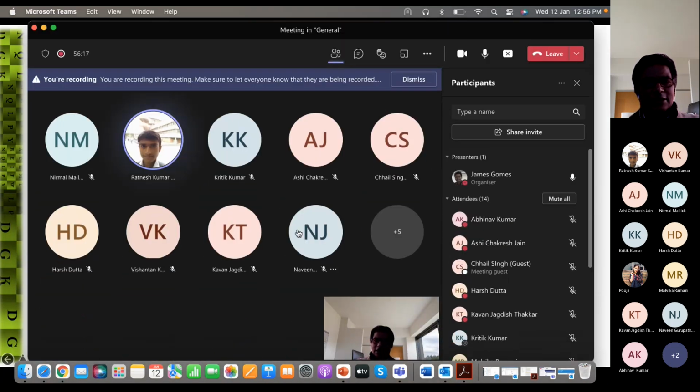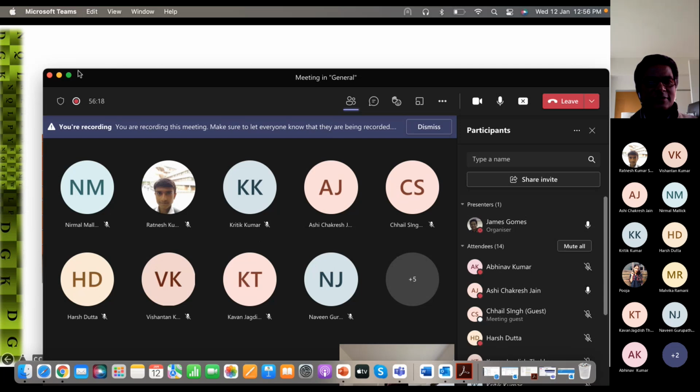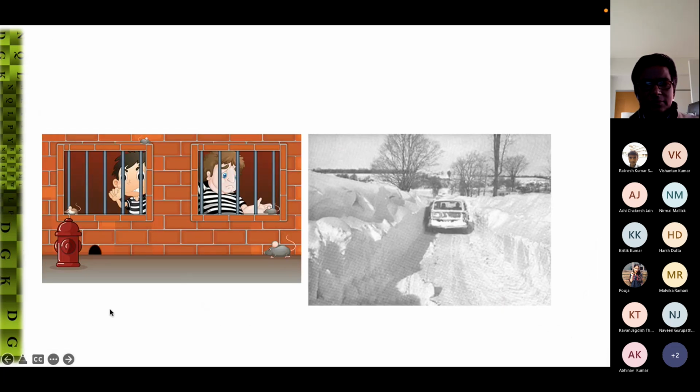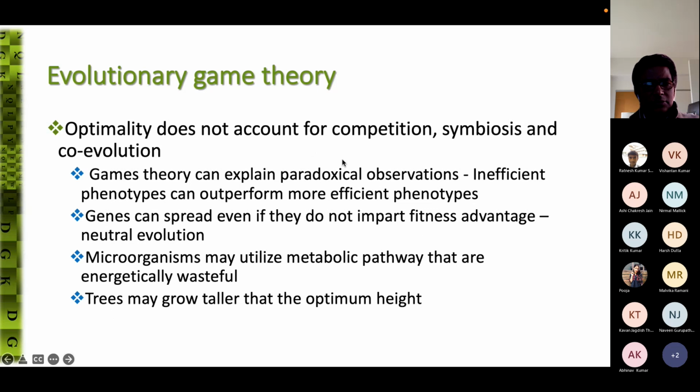Now the question is how does all of this work out in the biological world? I'm not going to go through all of the details. This one played a role mainly in the utilization of metabolic pathways. Although they were energetically wasteful, that means there are redundant pathways in cells.